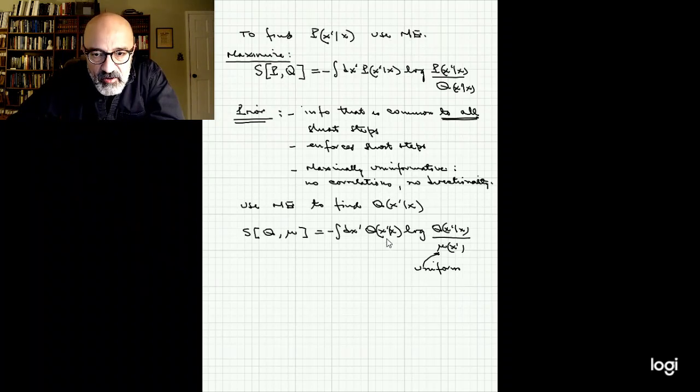Very good. What else do we want here? Well, we want a prior that does not introduce correlations. So if this is uniform, there are no correlations there. So what I'm going to impose is that each particle moves by a little bit.